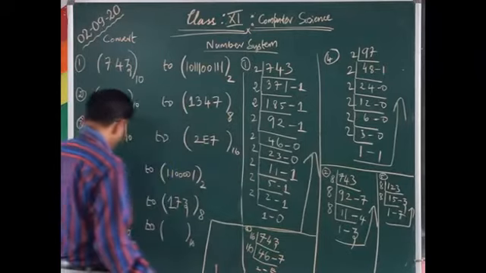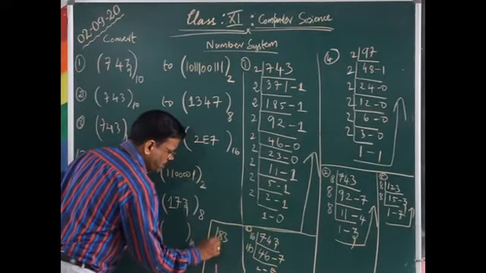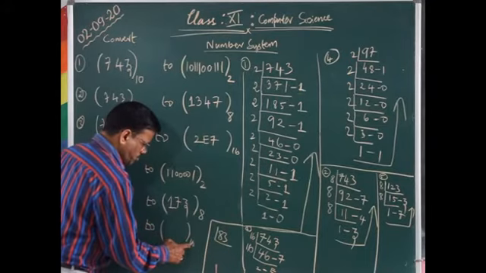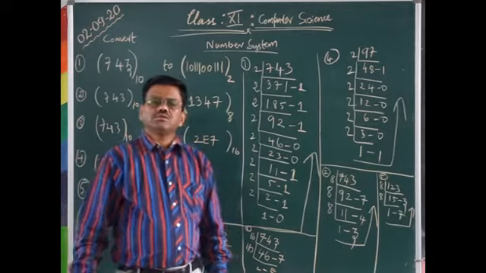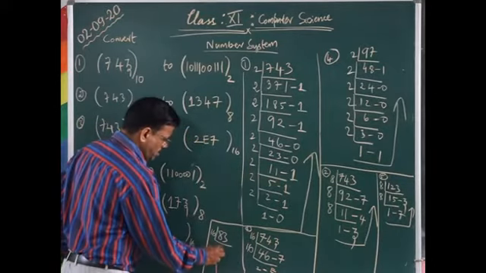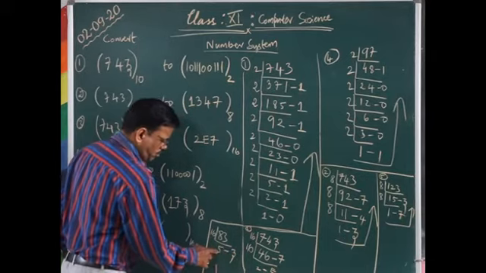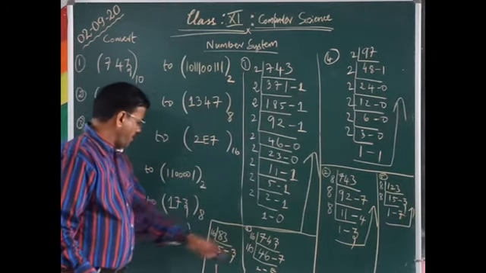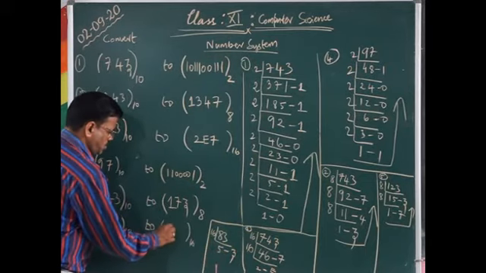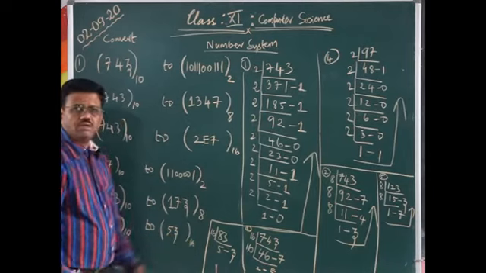Here I go, the last one. 83 of decimal, you need to convert it to hexadecimal. Hexadecimal means you have to divide by 16. 16 5s are 80, remainder is 3. Because 5 is less than 16, stop. Take the remainders: 5 and 3. 53 of hexadecimal.